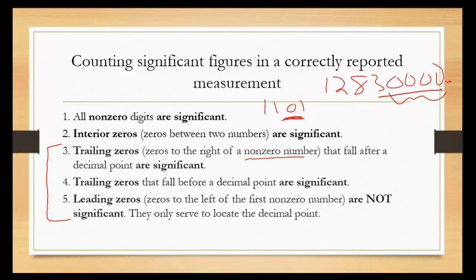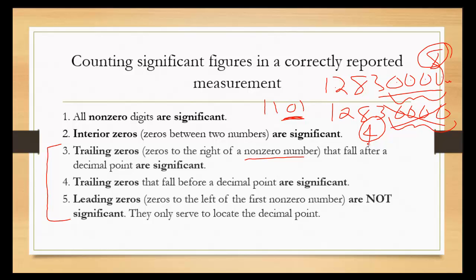If I do not have a decimal point there, those zeros are not significant. I would have 8 significant figures there because of the decimal, whereas down here, I only have 4 because there is no decimal. So when you're looking at trailing zeros, you want to look for the decimal.